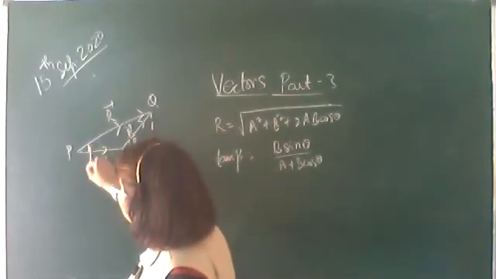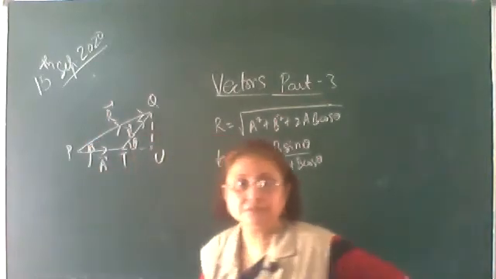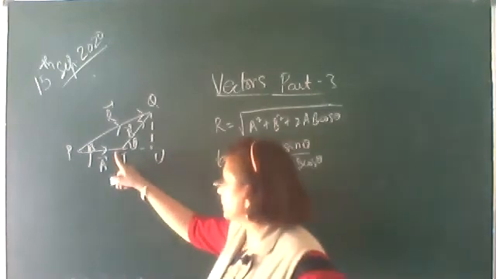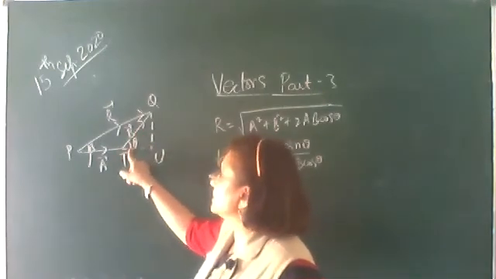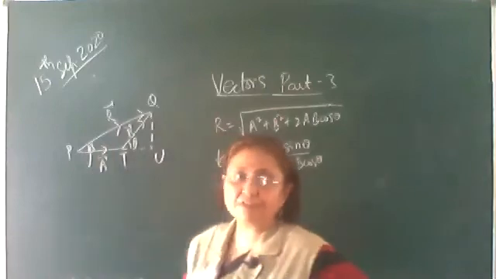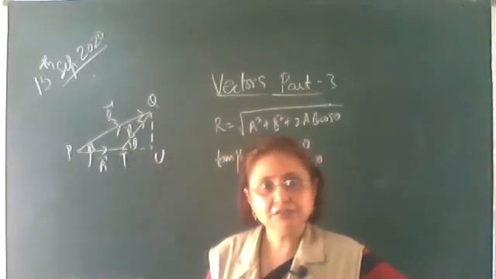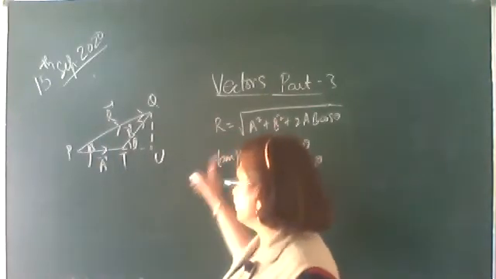The resultant making with the first vector A is beta. Okay, the same way you can derive it.